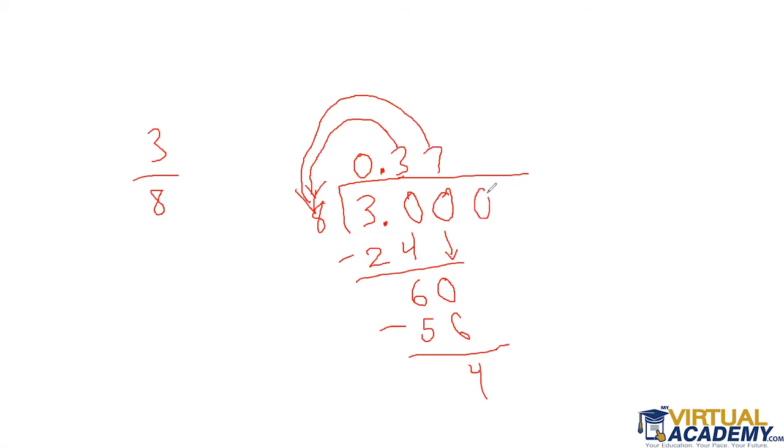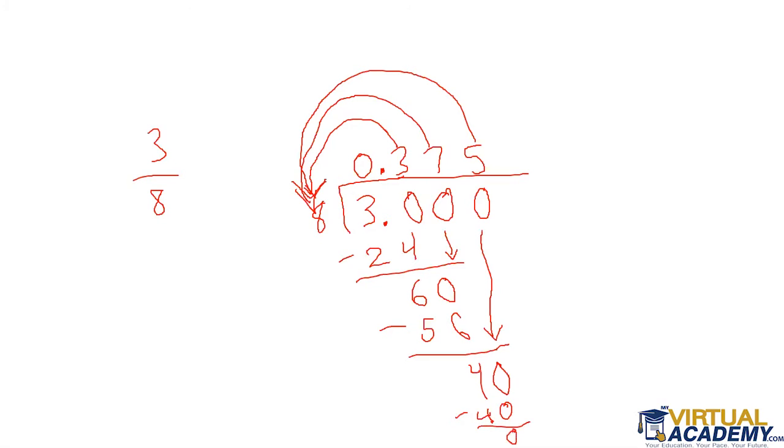We have to create another 0. So if we have to keep going, we just keep creating zeros, okay? And bringing down the 0. That's 40. So 8 goes into 40 5 times because 5 times 8 is 40. If we subtract that, we get 0.